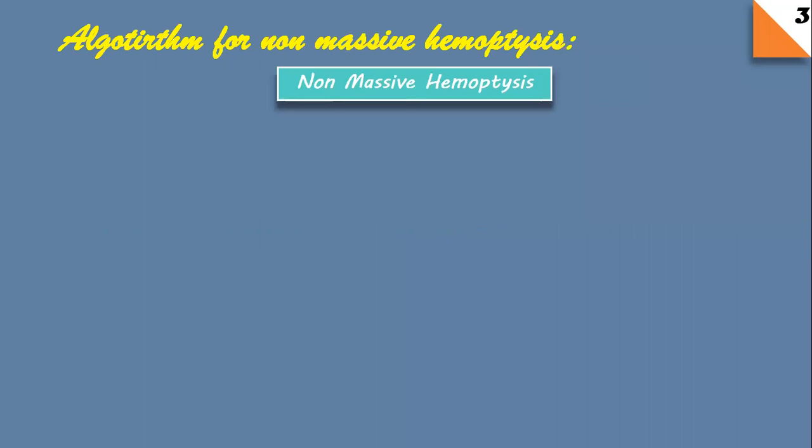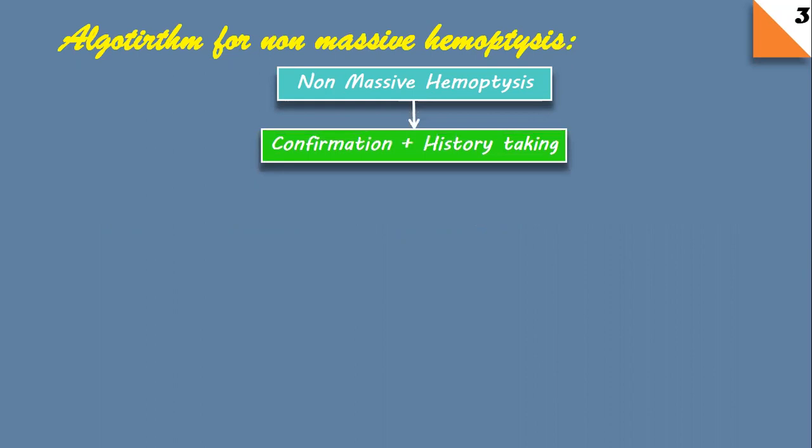So moving on to the algorithm for non-massive hemoptysis. If the hemoptysis is non-massive, then we first confirm whether it is actually hemoptysis or some other condition which is manifesting as hemoptysis. For example, it might be hematemesis or bleeding through oral mucosa, nasal mucosa, or pharynx. So firstly, confirming hemoptysis. After that, we'll move on to history taking.